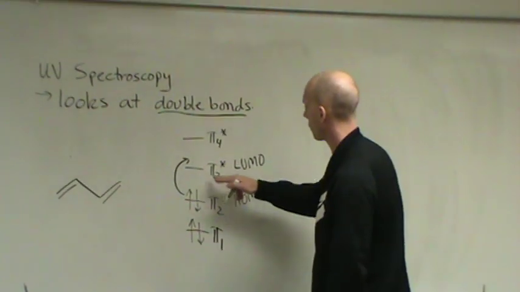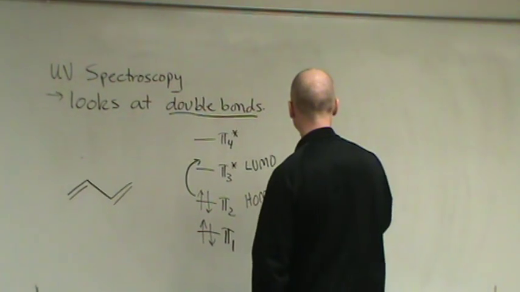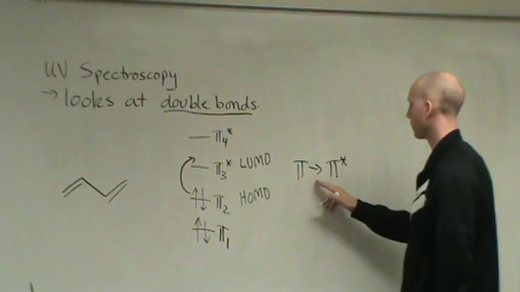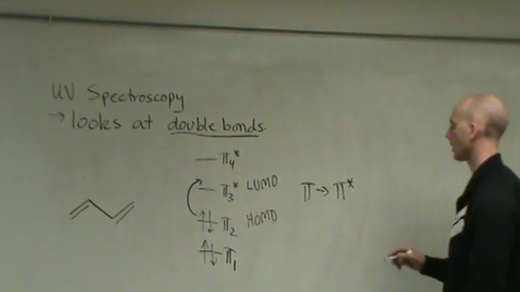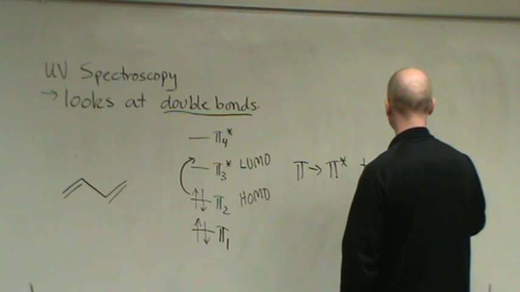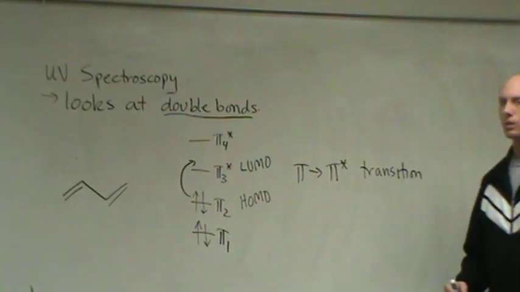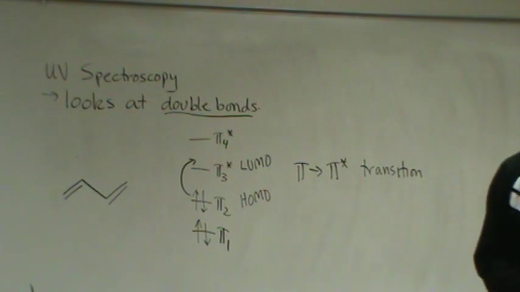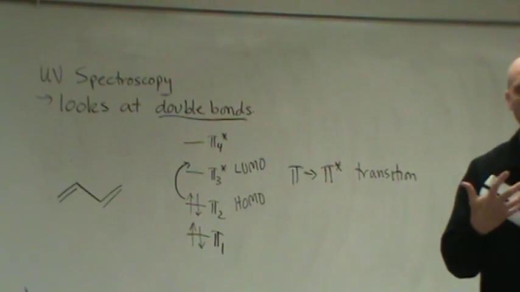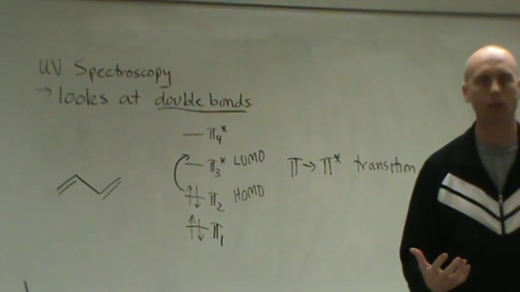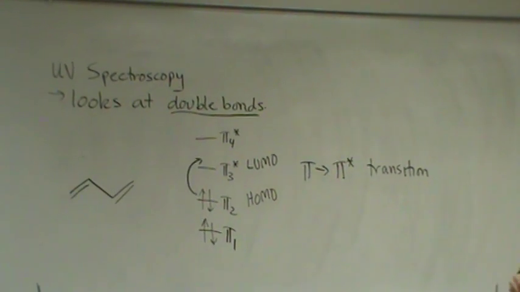And we call this kind of transition a pi to pi star transition. And what the machine does is it's able to sense when that transition takes place, and it's able to record that as a type of peak.